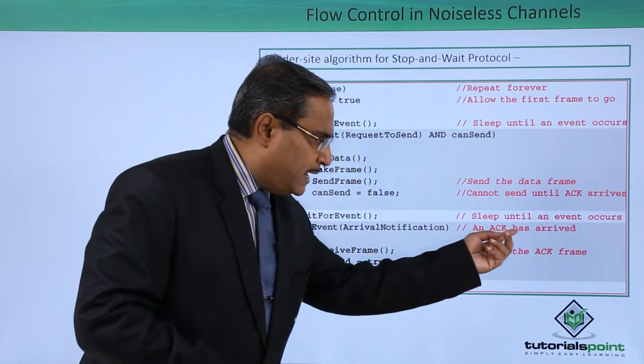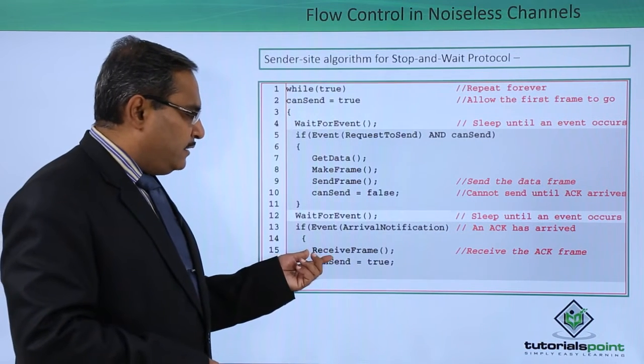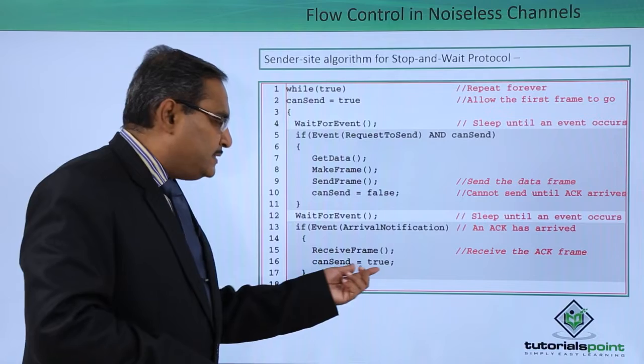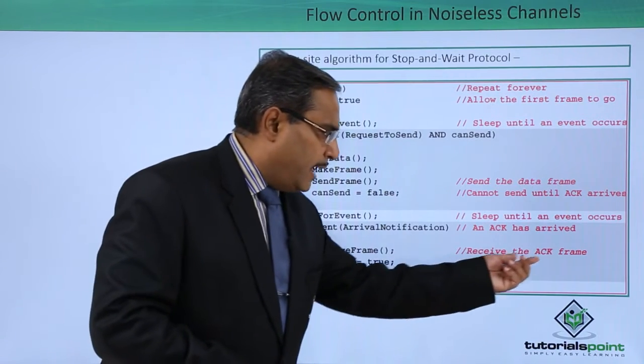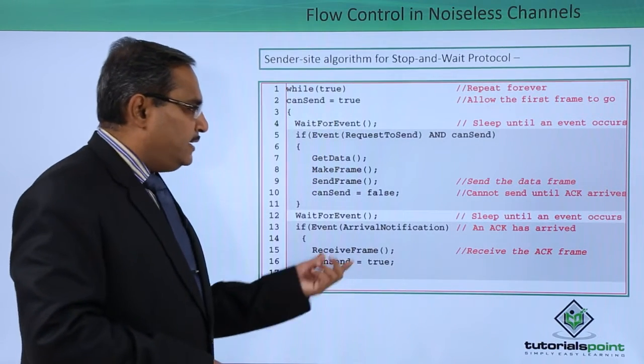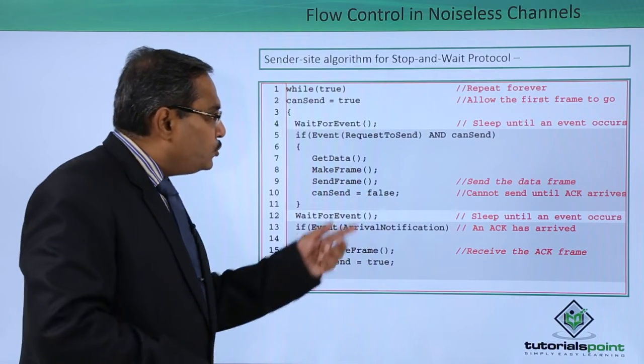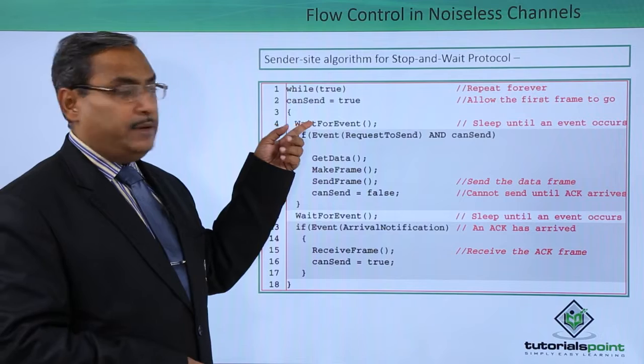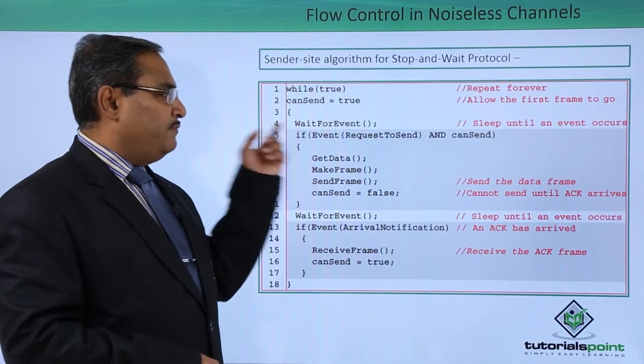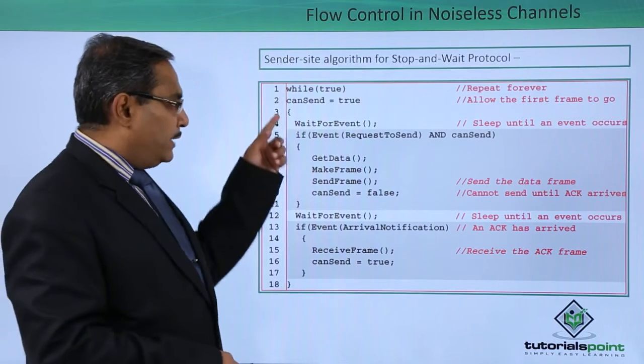So an acknowledgement has arrived, then receive the frame and canSend is equal to true again. canSend was made false earlier, and now it has been made true, so another time it can go, wait for the event, and the process will be repeated. I think you are getting me.